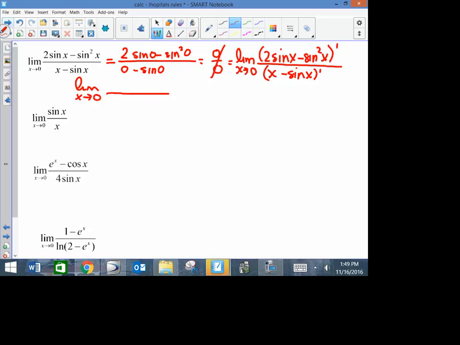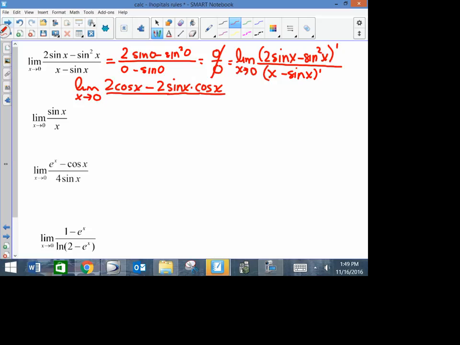What's the derivative of 2 sine of x? 2 cosine of x. And what's the derivative of sine squared of x? 2 sine of x cosine of x.